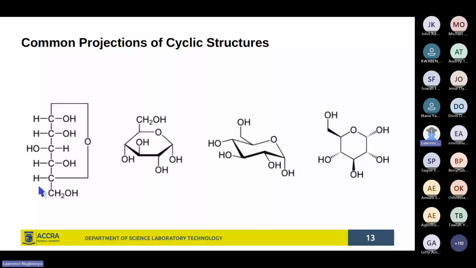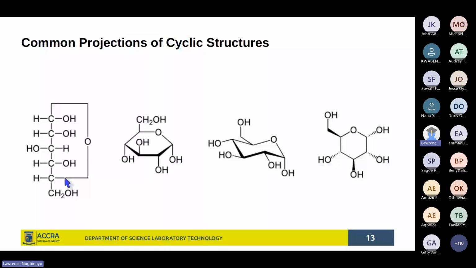The first that you see on the left is just showing that there is interaction between carbon number 1 and a hydroxyl group on carbon number 5, which gives you that cyclic structure there.